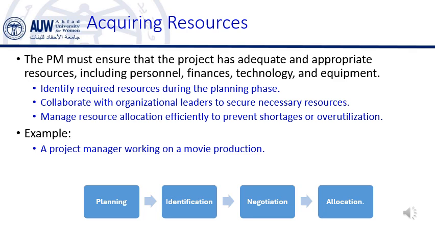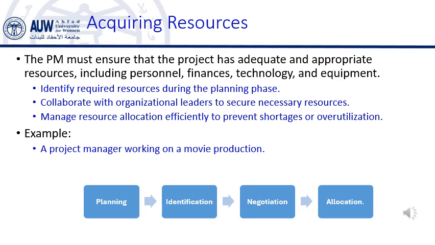Let's break down what acquiring resources involves, why it's important, and how the PM can effectively manage this process. What does it mean to acquire resources? When we talk about acquiring resources, we're referring to the process of identifying, securing, and managing all the inputs required for the project.